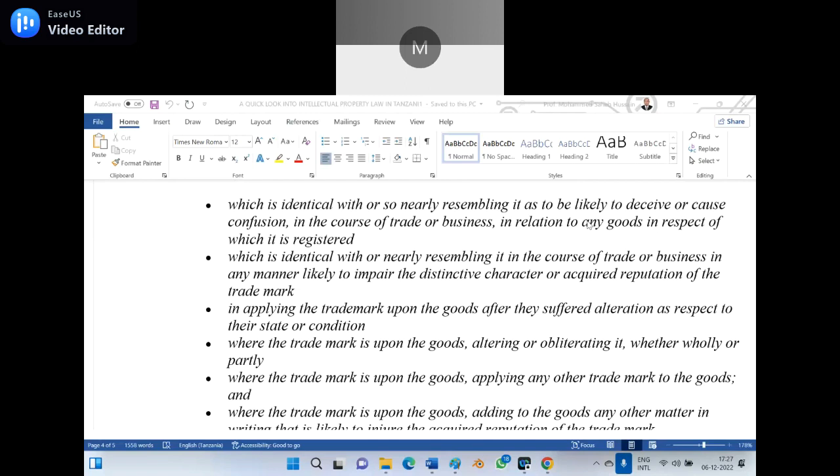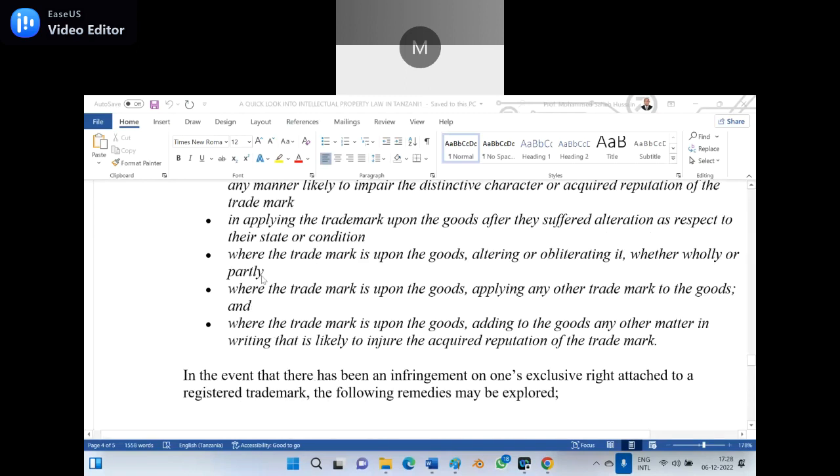It is self-explanatory. If you feel that an alteration was made by somebody else, better you make up your own with your own idea and come to the point. And if you satisfy the registering authority, I am sure they will register that product. So, where the trademark is upon the goods, altering or obliterating it, whether wholly or partly made.